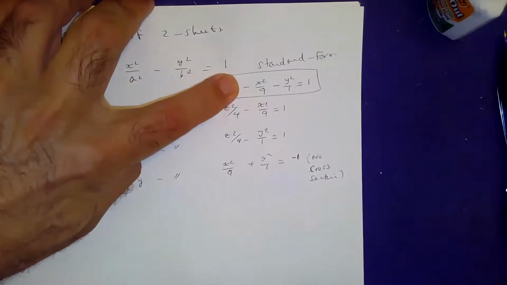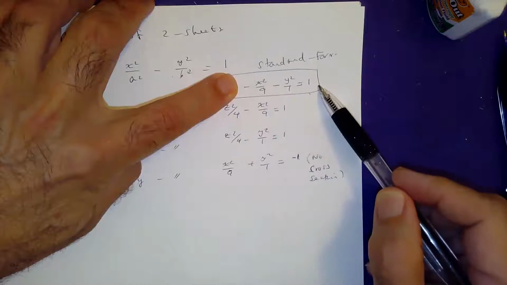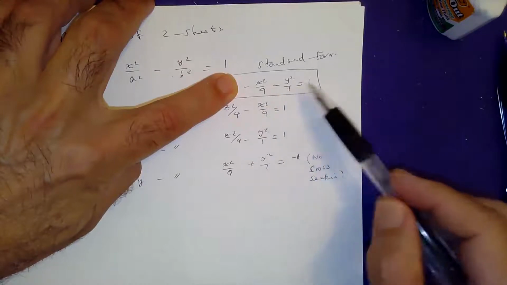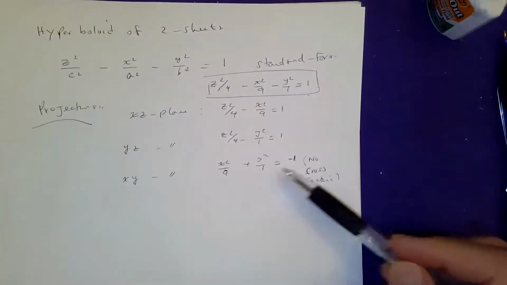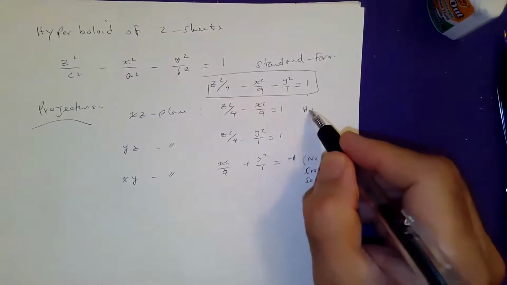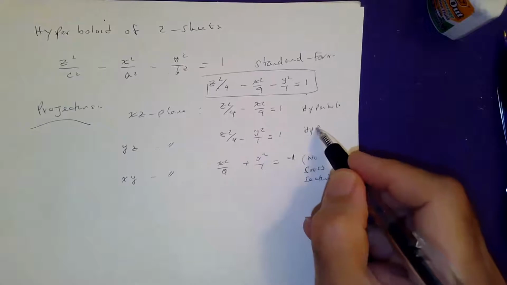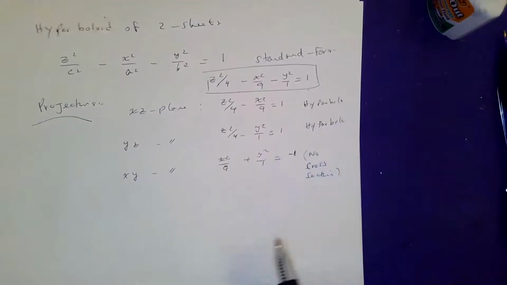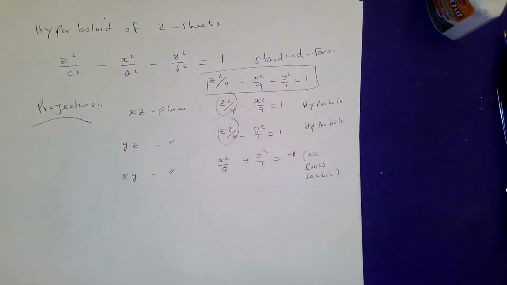You see how I came up with -1. When you set z equal to 0, you get this. Multiply both sides by negative, these become positive, but the 1 becomes negative. But it's impossible to add two positive numbers and get a negative, so no cross section. But here you have two hyperbolas, and they both open along the z-axis. Do you all see it?